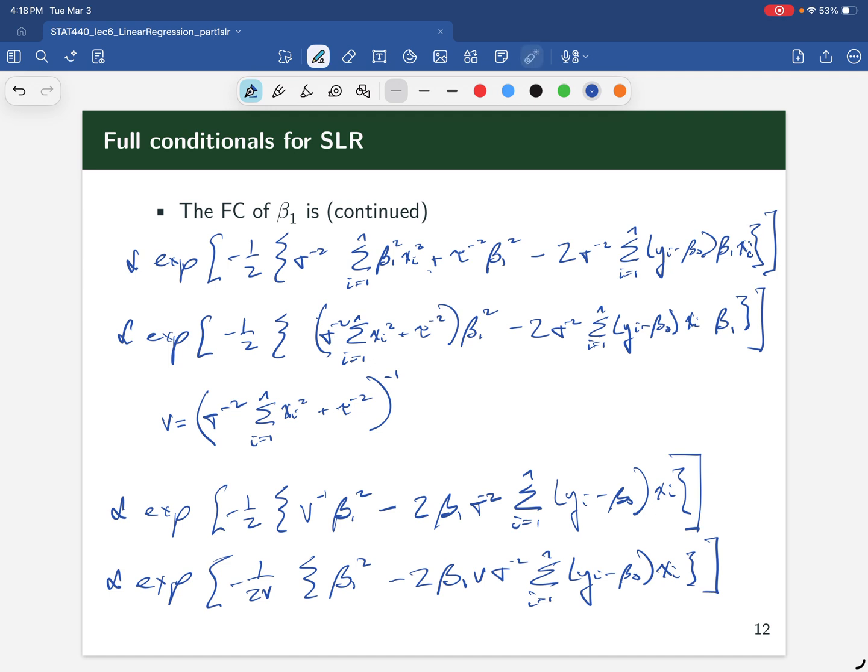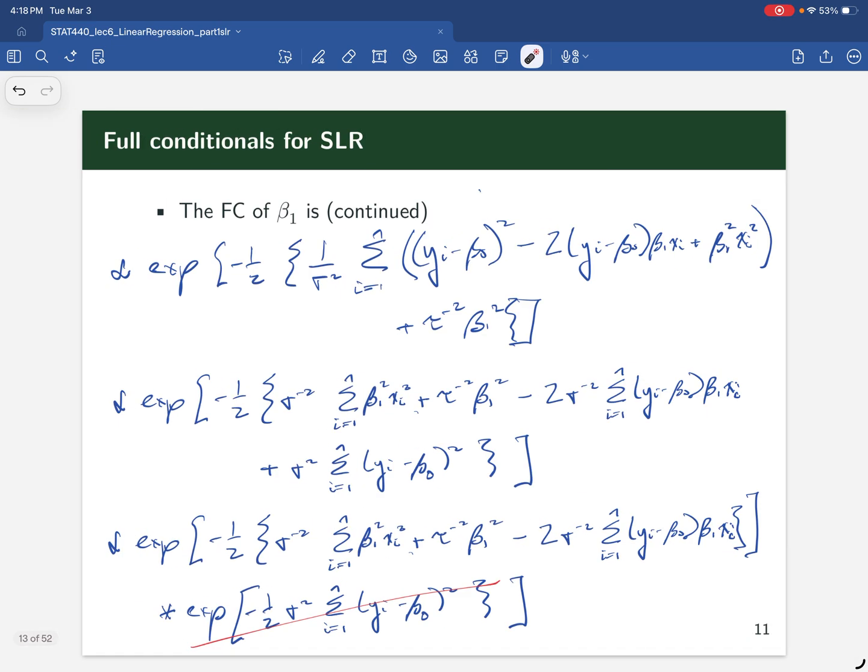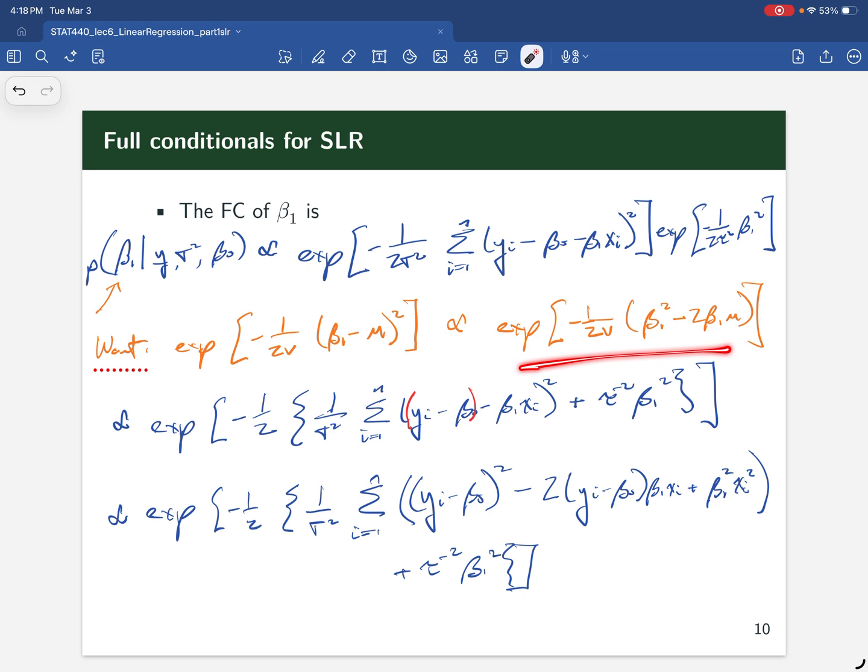So importantly, this v appeared here because it cancels out with that. And we pulled it out of this, leaving our beta 1 squared alone, just as we wanted it to be. And it may not look like much, but we're actually exactly where we want to be, because our goal was to get beta 1 by itself and to have 2 times beta 1 times stuff, which we call the mean.